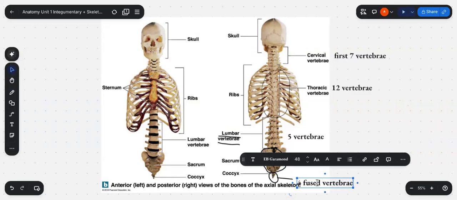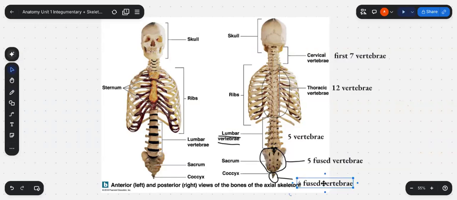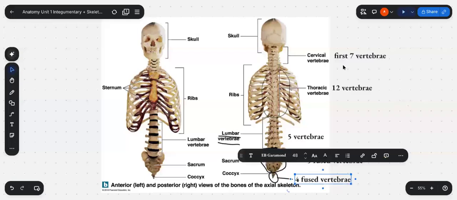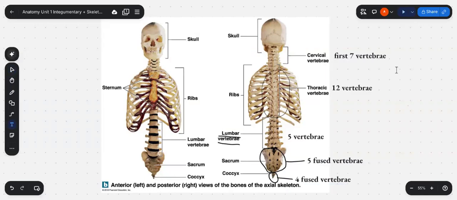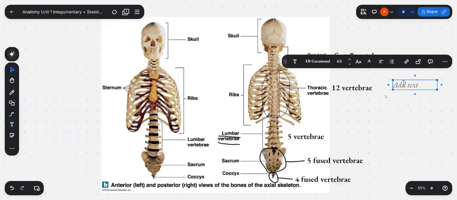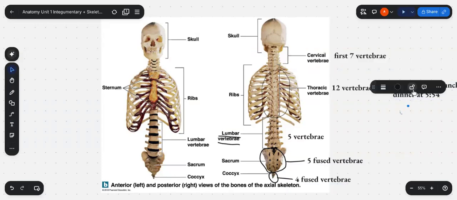But 4 fused vertebrae. And there is a mnemonic to help you remember all of the different numbers that go into every section. So the mnemonic is breakfast at 7, lunch at 12, and then dinner at 5:5:4.